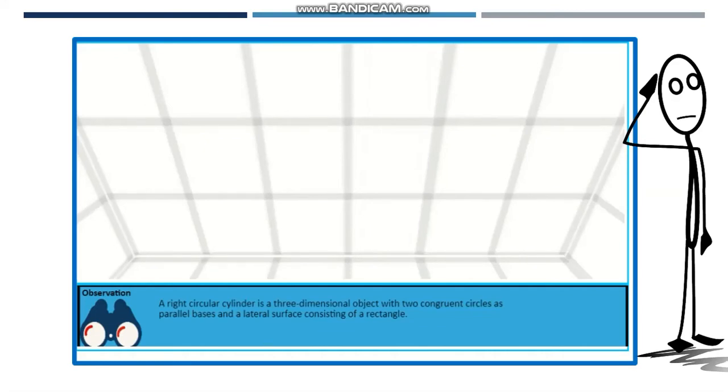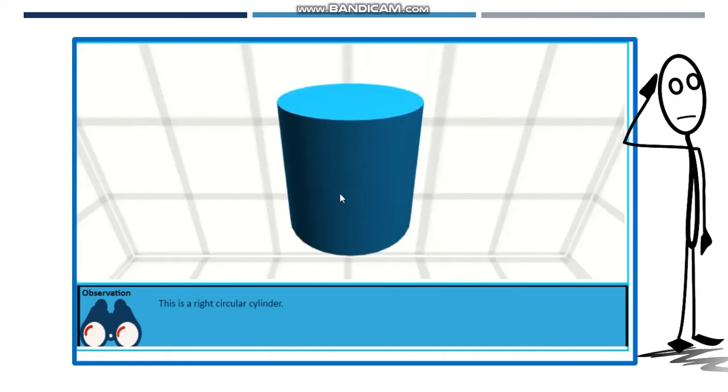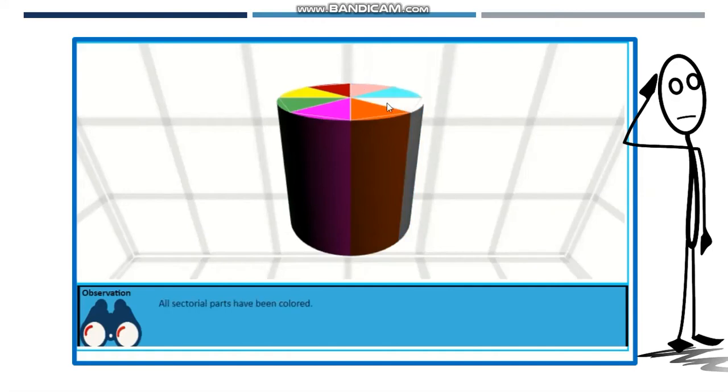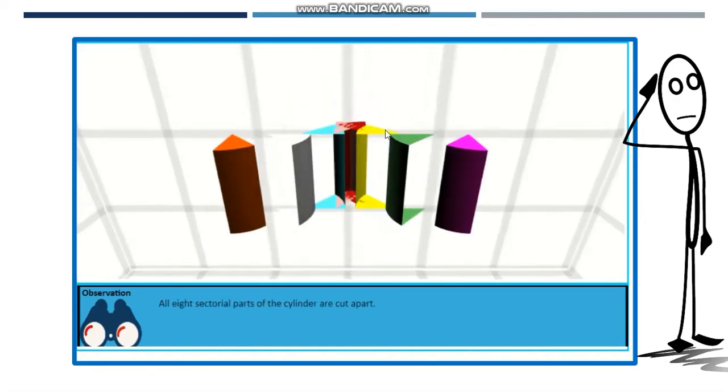Let's draw a cylinder, which is a right circular cylinder, and I will divide this cylinder into 8 pieces. Let's color them and cut these parts into 8.